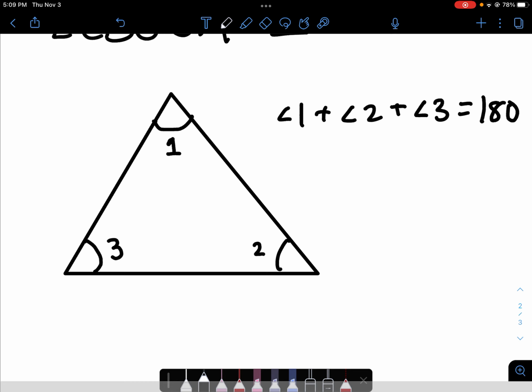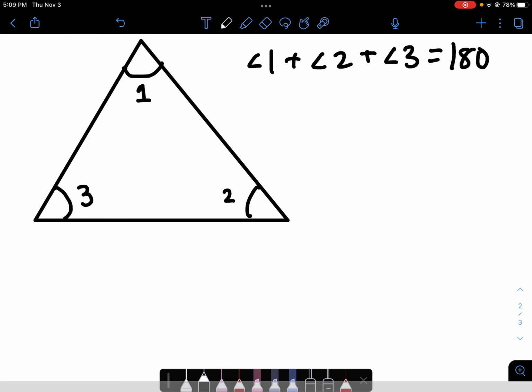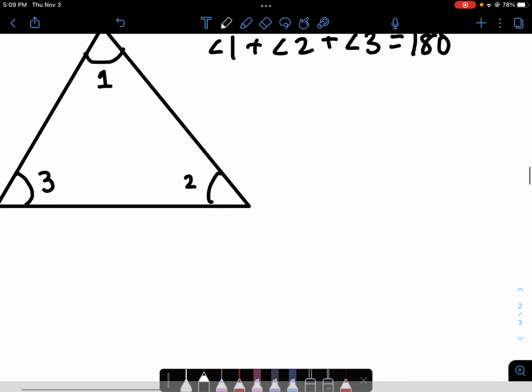Why? There's a formula for finding the sum of angles in pretty much any type of polygon. So just to quickly run through this, it's n minus 2 times 180, with n being the number of sides.